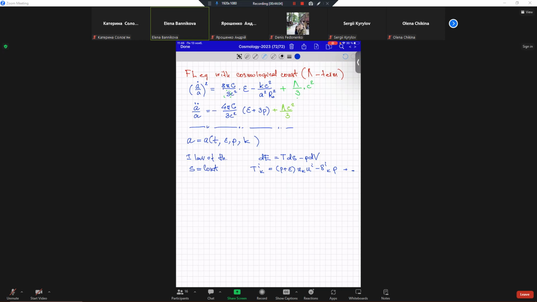I mean, we speak about the rest energy of all material bodies which are located in the universe. So this is the point. All these words I say just to justify that we consider the system with constant entropy. Of course, all the time, but we need to remember about this.